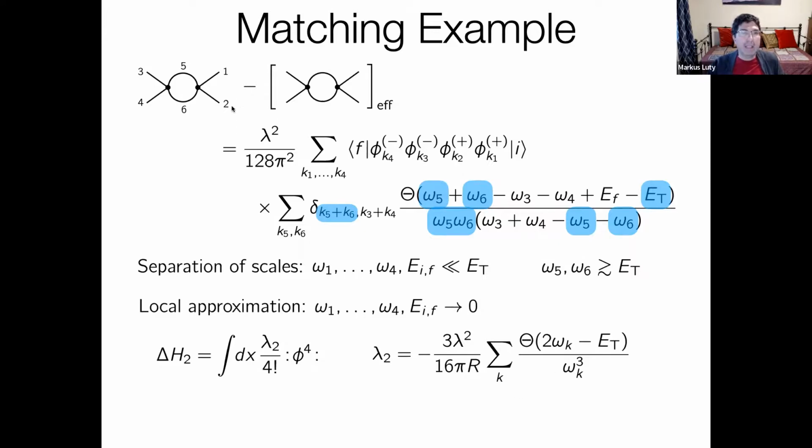So we have to add together all the different diagrams with all the different initial and final states, and we find a very simple result, okay? We find that we get a counter term, which is just normal ordered phi to the 4th with some coefficient, okay? And the coefficient involves only the sum over UV states.